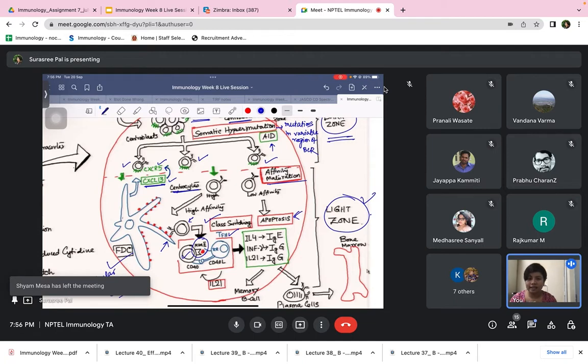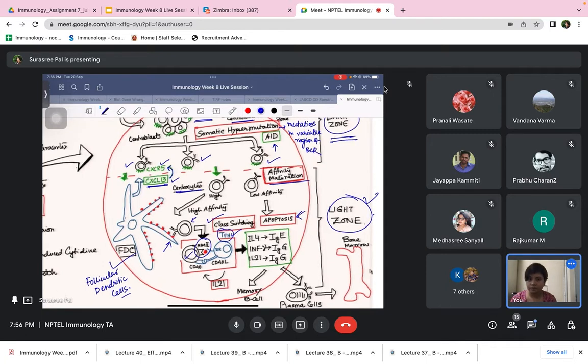And once this T follicular helper cell recognizes this antigen on the surface of the B cell, there are several cytokines which come into action now. These cytokines are expressed by the T follicular helper cells only, and depending on the type of cytokine, the B cell will differentiate into several classes of B cells.